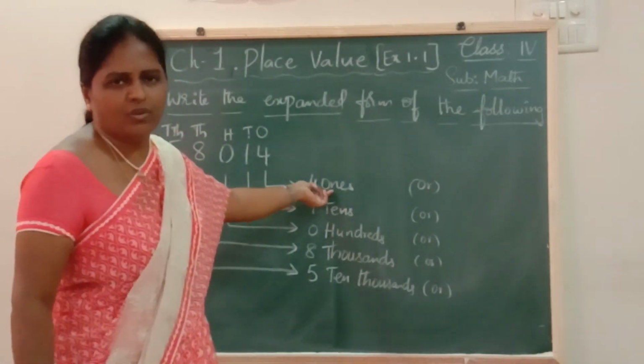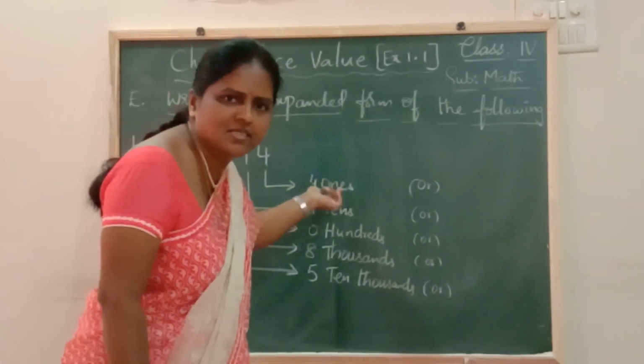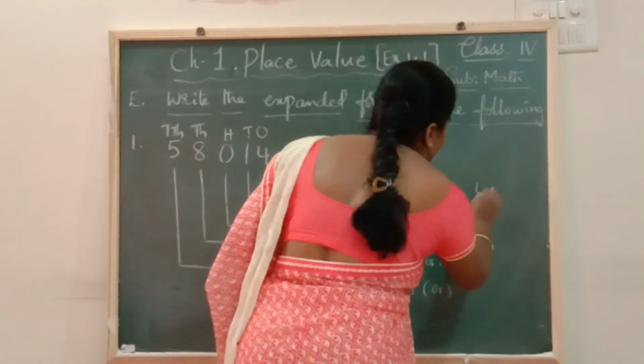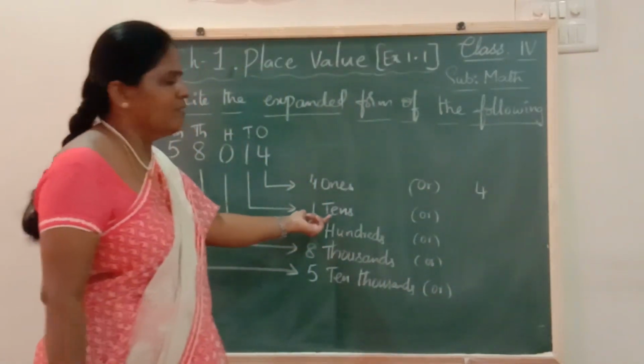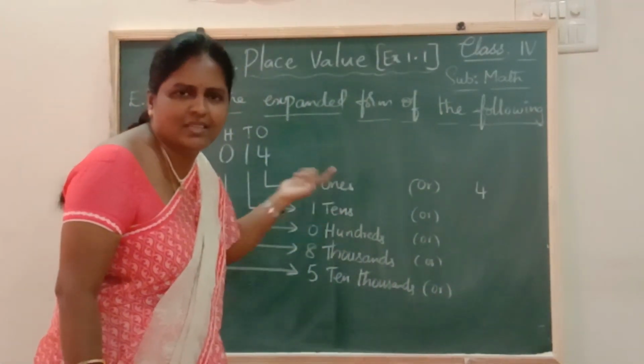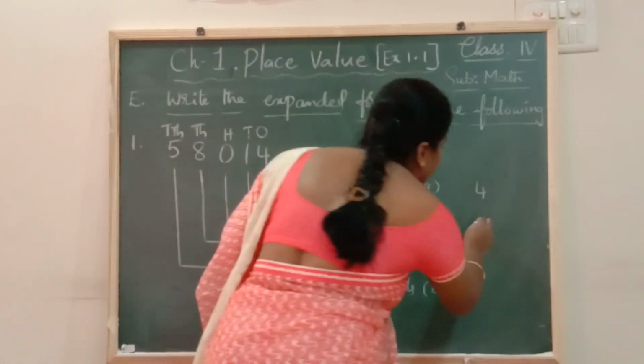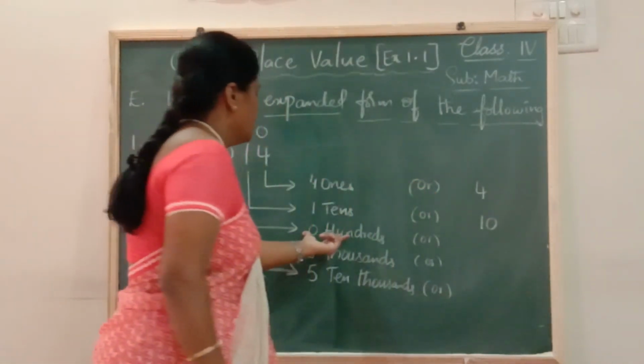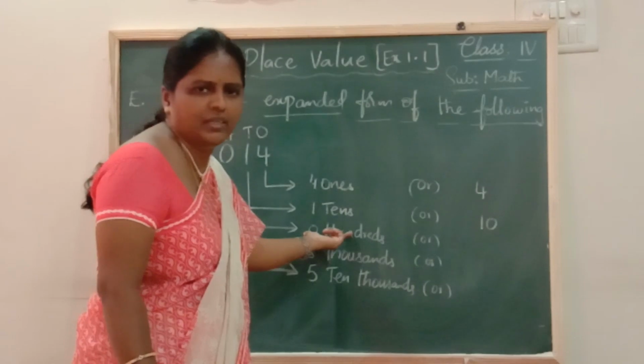4 ones, you know what is 4 ones? 4 ones is nothing but 4. 1 tens is 10. 0 hundreds, you know 0 into anything is 0.